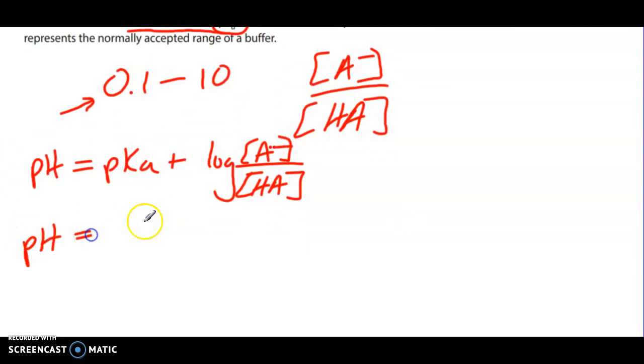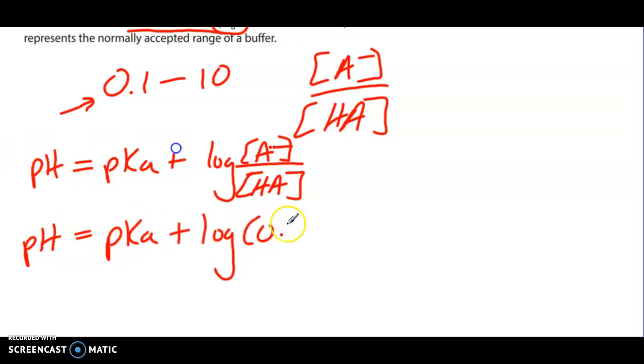So the pH is equal to pKa plus the log of 0.1. If we do this in your calculator, the log of 0.1 gives you -1. Let me just double check on that. Yes, -1. So that means the pH would be equal to pKa minus 1.